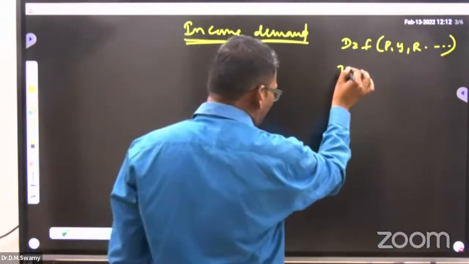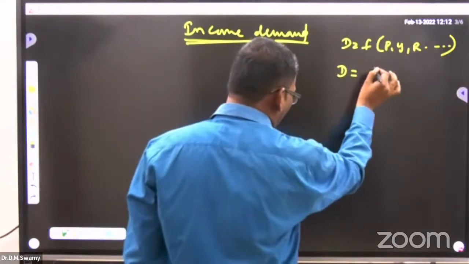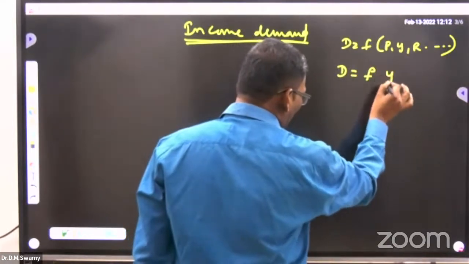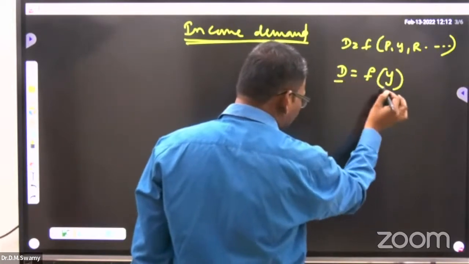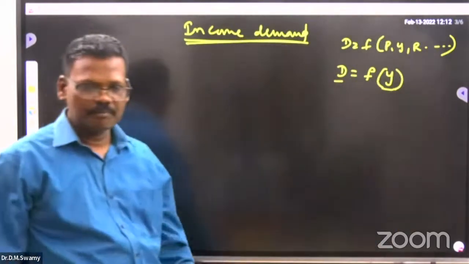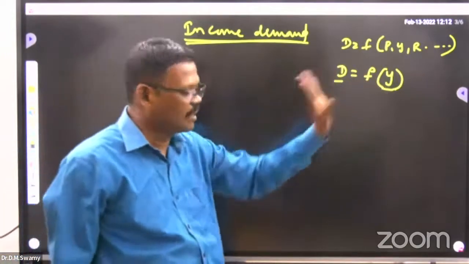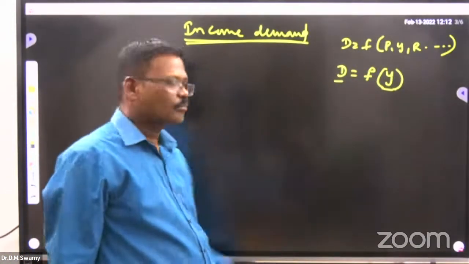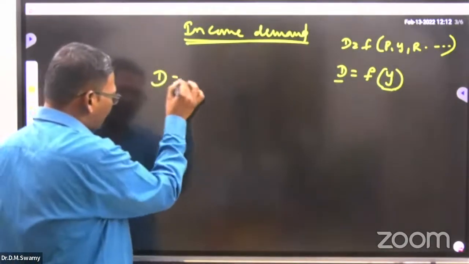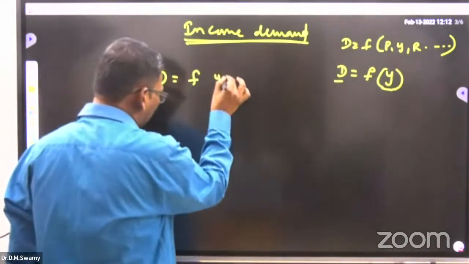That means we are talking about the relationship between demand and income only. Demand is a function of income. That is what we can see.